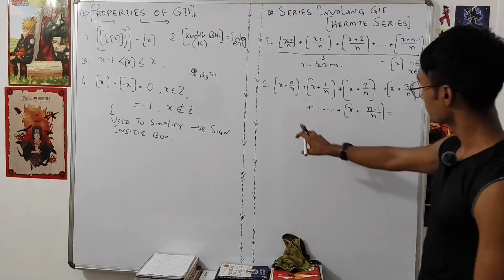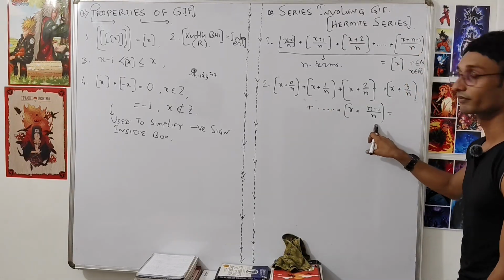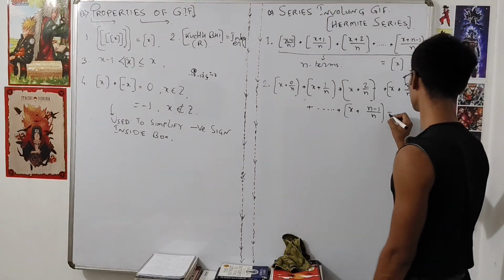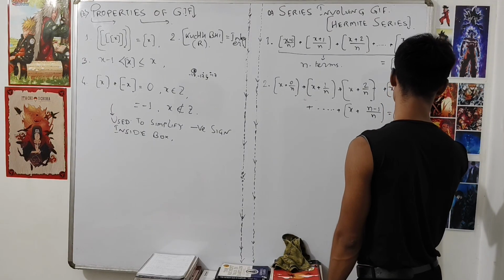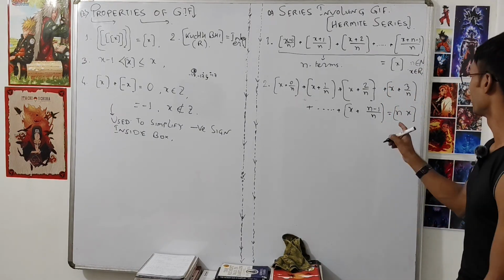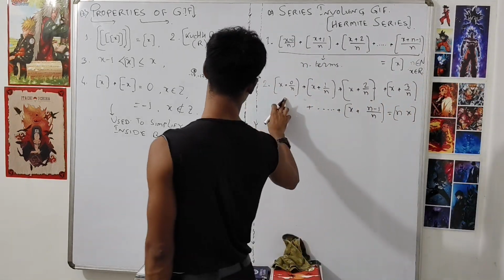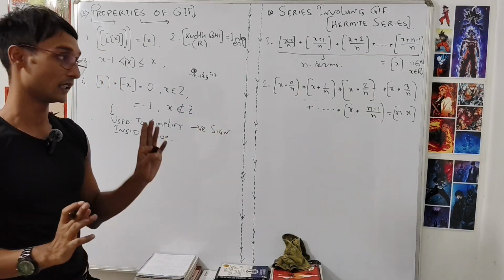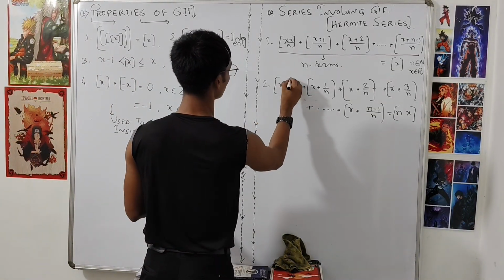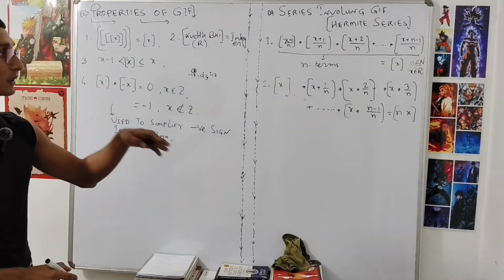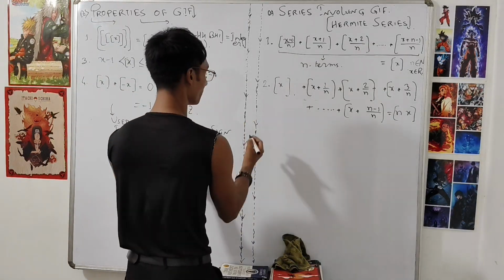It's also started from 0 and goes up to n minus 1, and in this case you will get simply n into x, that is nx. You should take the box value of nx. Here it's also starting from 0. Remember, keep it in mind. That's why we simply write box x plus box of x plus 1 by n.